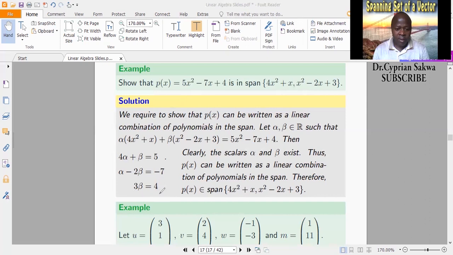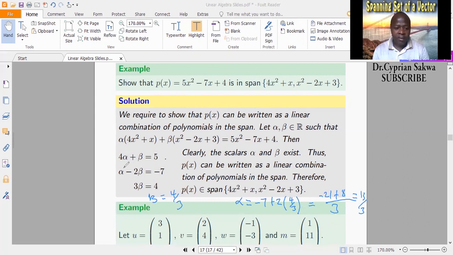So let's just see, because from here I can see that beta will be 4/3. What about alpha? Alpha will be -7 plus 2 beta, but beta is 4/3. So the LCM there is 3, and this will be -21 plus 8, which is -13/3. -13/3 is our alpha.